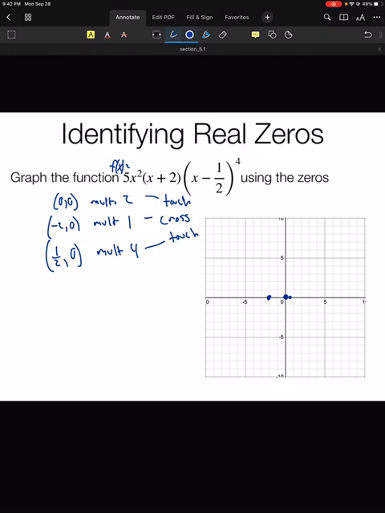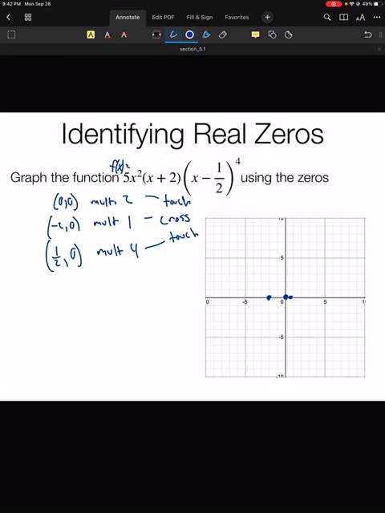I'll put a smaller dot there as to not overcrowd what's going on. To graph the function, we know that it's going to cross at (negative 2, 0), and then touch at (0, 0) and at (1/2, 0).